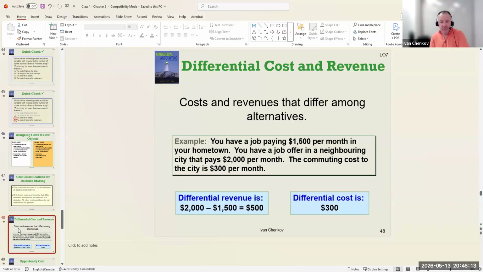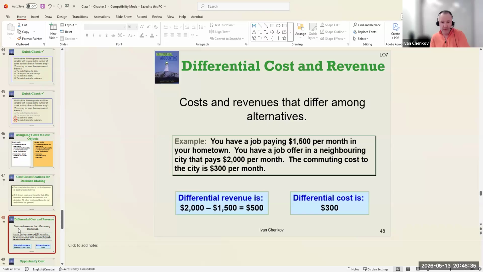Differential cost analysis is very simple. Instead of preparing financial statements to see the effect on income, we're going to see how much the benefit is, how much the cost is, and what the difference between those two is.